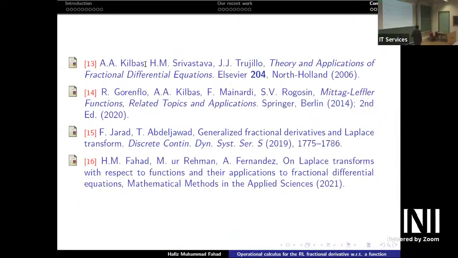Another thing I would like to mention is that if we want to solve generalized fractional differential equations using the generalized Laplace transform, we don't need any extra effort. We can just use this relation and some concepts of the conjugation relation.